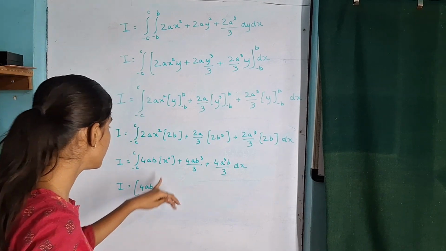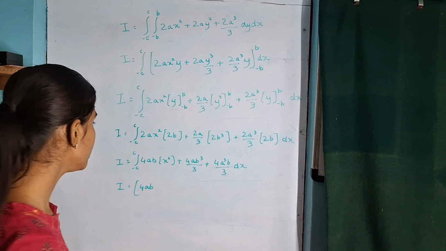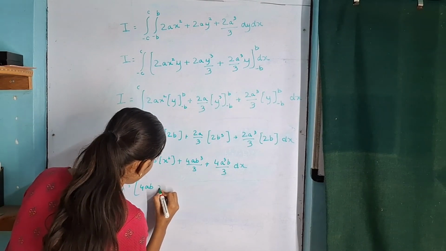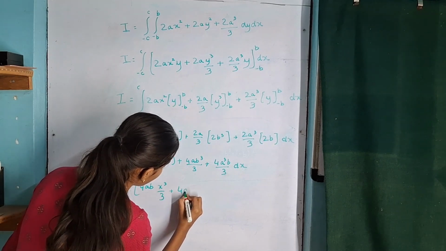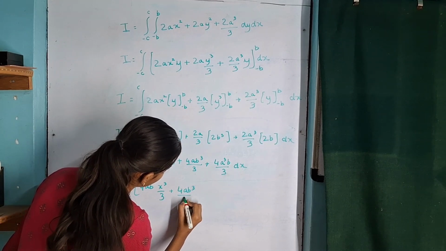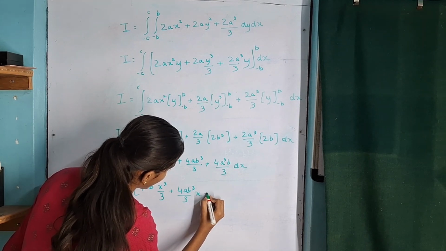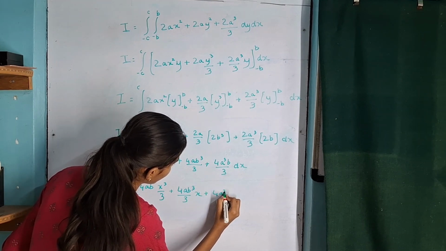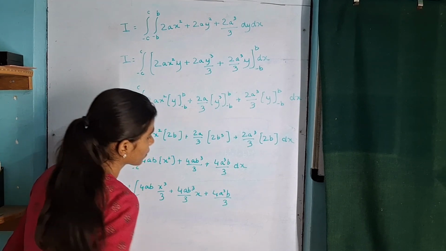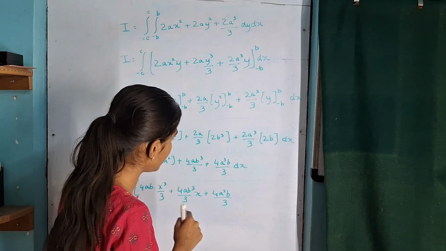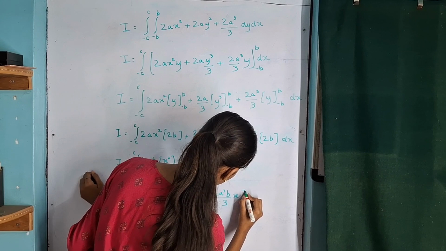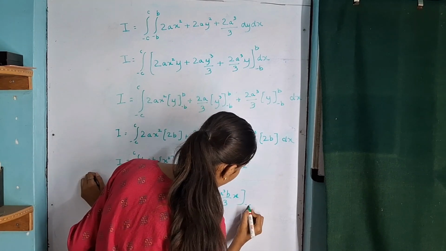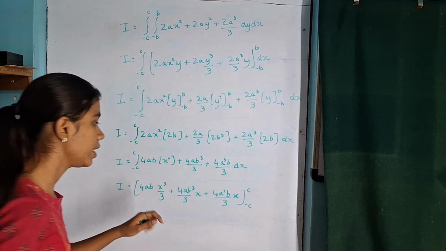I is equals to 4ab will be as it is. x² becomes x cube by 3, plus 4ab cube by 3 will remain as it is, but here one x term will get added, and here also 4a cube b by 3 will remain as it is, only x term will be added. And your limits are minus c to c. We will separate the x terms.